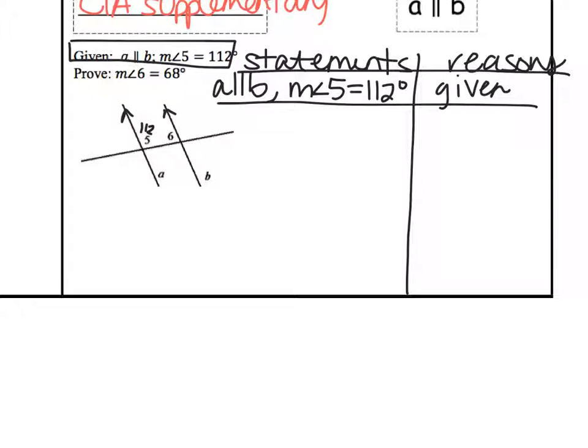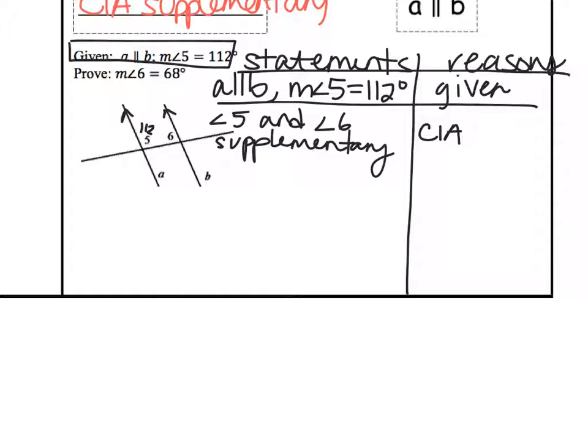So we did the first part, we wrote down the givens, we marked what was given. So angle 5 and angle 6 are supplementary. You have to say that first, you can't jump straight to the equation. And like Aiden said, that's because of consecutive interior angles.